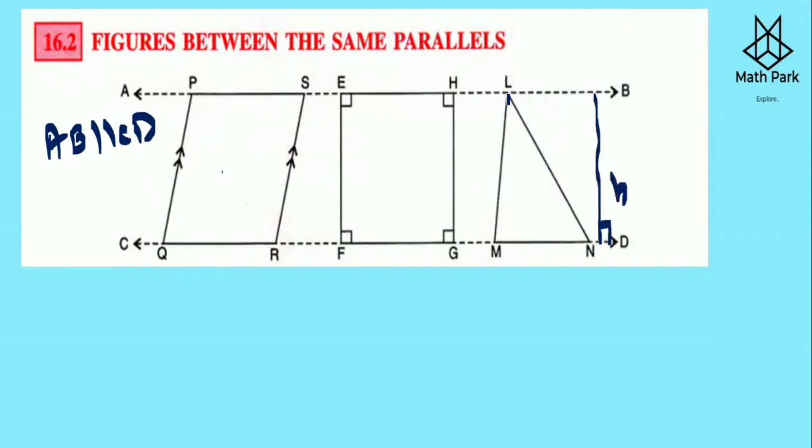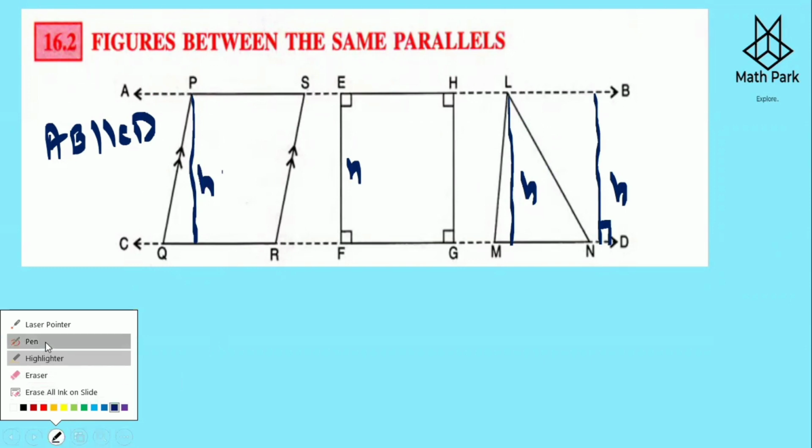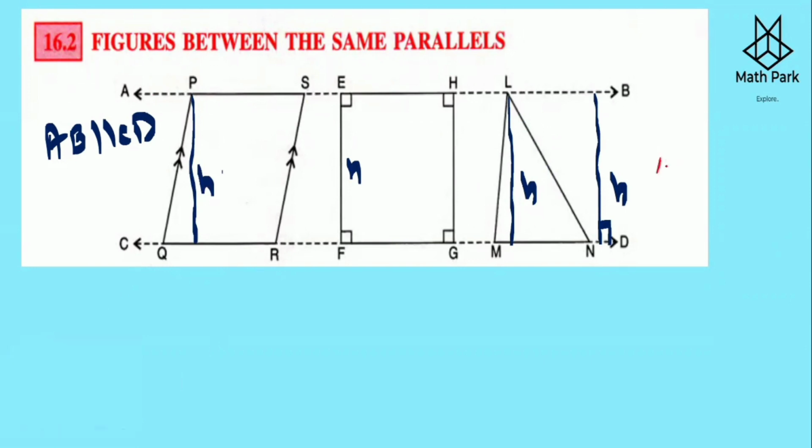So the height of a triangle will be the same as the height of a rectangle and the same as the perpendicular height of a parallelogram. The basic concept before we start this chapter is that you should know the formulae for area. Area of triangle is equal to half base into height, where this is your base and this is your height.